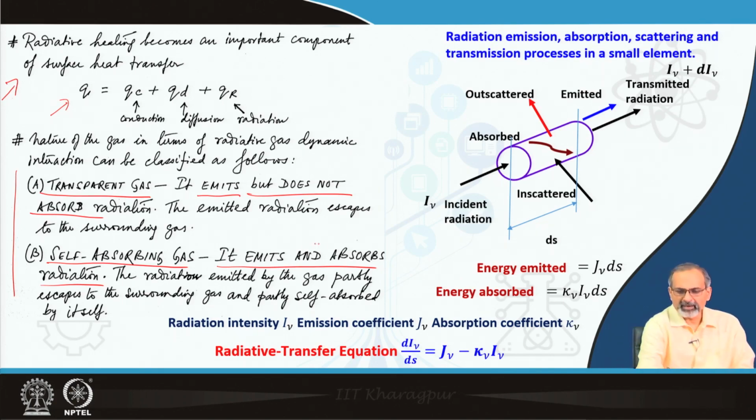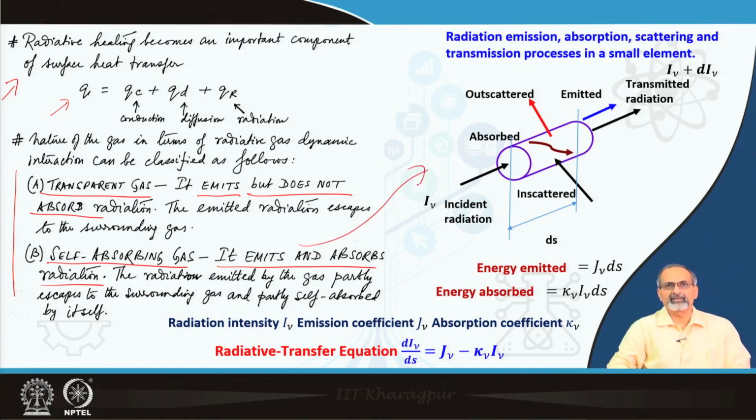Now, keeping an eye on the general case of a self absorbing gas where both possibilities do exist, we look at a small element within a flow field where radiation emission, absorption, scattering, transmission, all these processes are going on simultaneously.